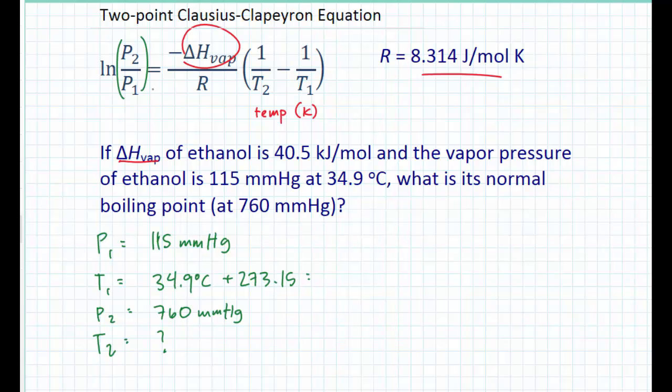The other thing I'll remind you of before you get too far, make sure your R unit cancels with the delta H unit that's right above it.